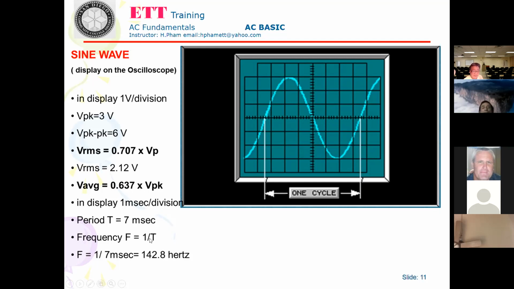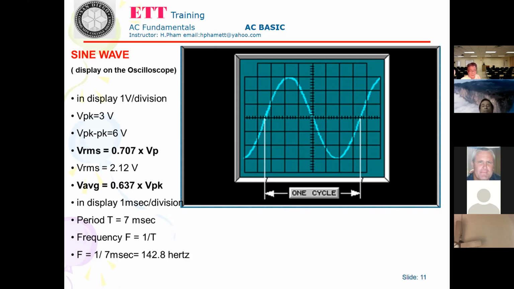And if you want to get the frequency, you have to use f equals 1 over T. And that gives you 142.8 Hertz. Again, when you're working in the lab, we have a digital oscilloscope. If you want the frequency, it tells you the frequency.